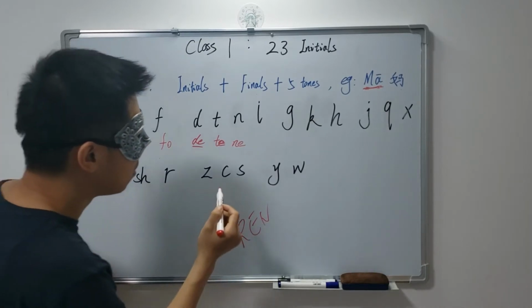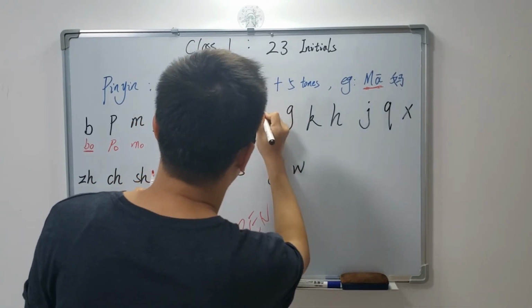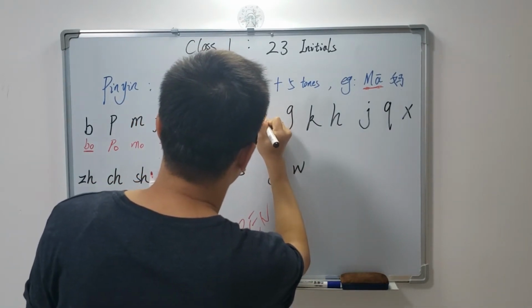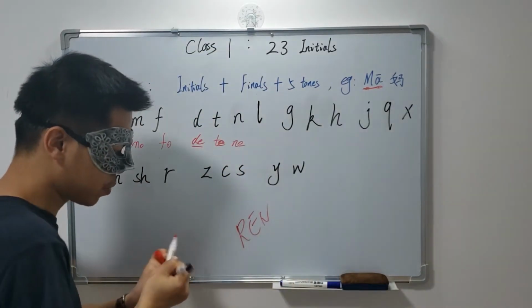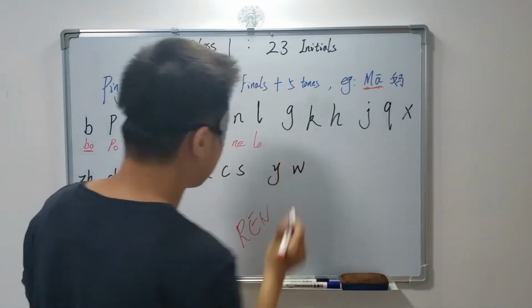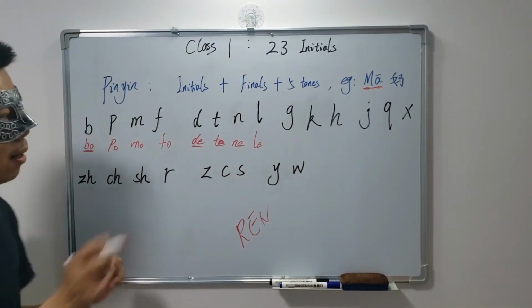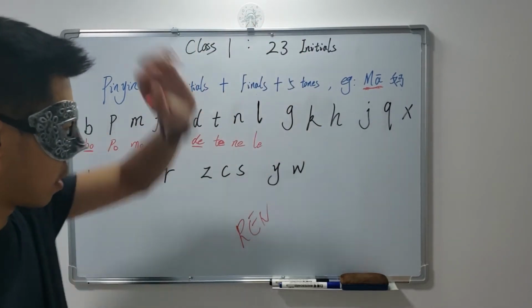Okay. This is L. It's not L, but in Chinese, its pronunciation is le. Like la, le. Okay. Then the following 6.